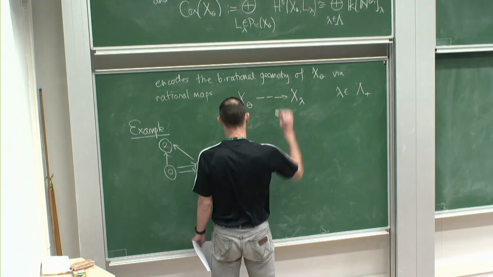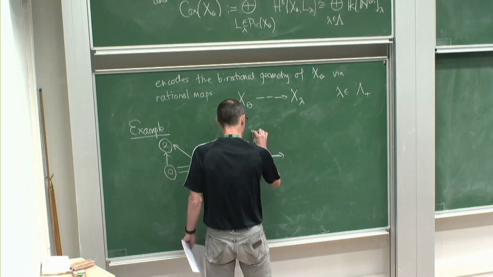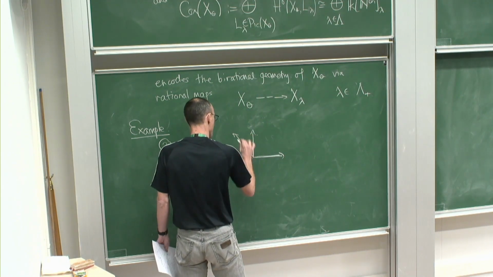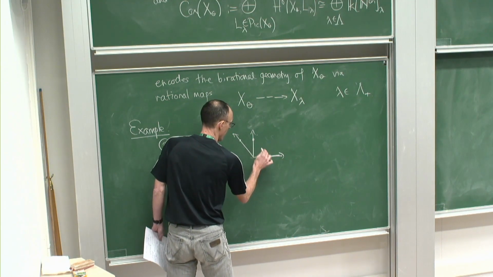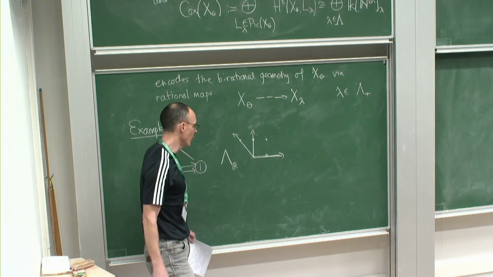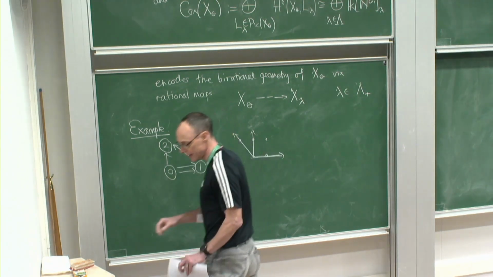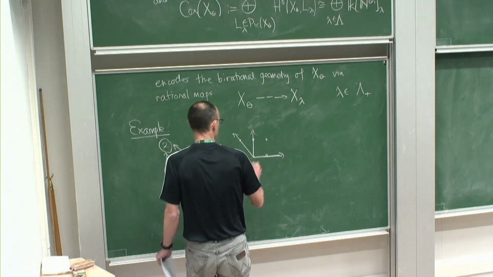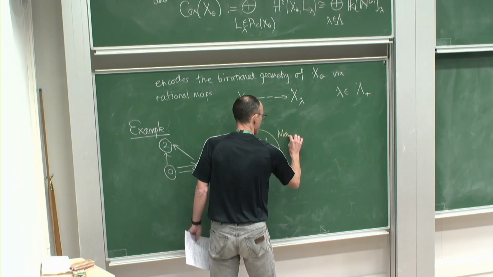And so in lambda, our GIT fan, or our secondary fan, this is going on in lambda, and I guess I'm drawing pictures that look like they're in a vector space, so we might want to draw a picture over the reals. So this is our lambda plus, and I pointed out that in this example, the effective cone is the whole thing, the movable cone is just that.